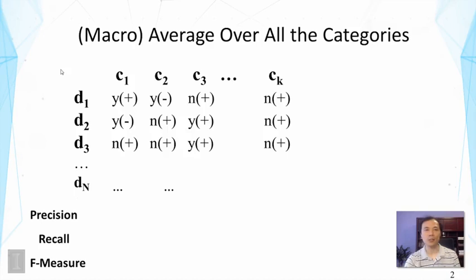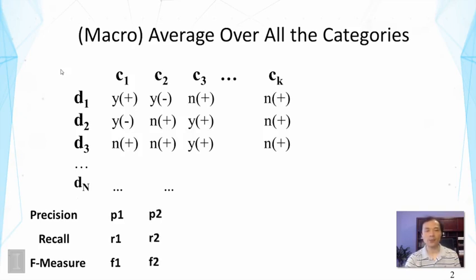Now you see on the title here, I indicated it's called a macro average. And this is in contrast to micro average that we'll talk more about later. So again, for each category, we can compute the precision, recall and F1. So for example, for category C1, we have precision P1, recall R1, and F value F1.